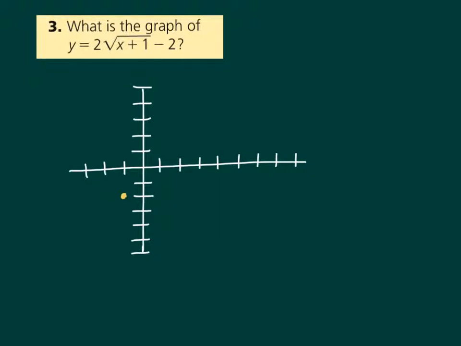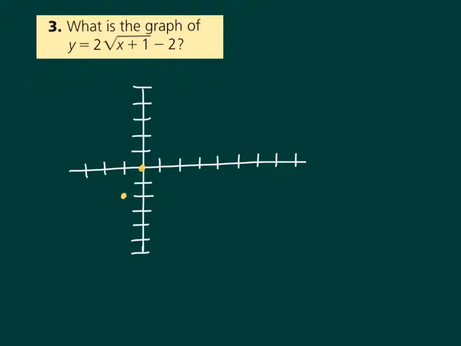Now, for my vertical stretch, we're going to pretend that this is the origin. If this were the origin, then my next point would be at 1, 1. But we're stretching by 2, so instead of being at 1, 1, we're going to multiply the y part of our points by 2. So instead of being at 1, 1, we're going to be at 1, 2.